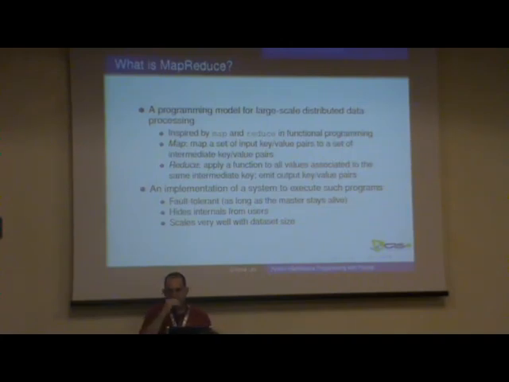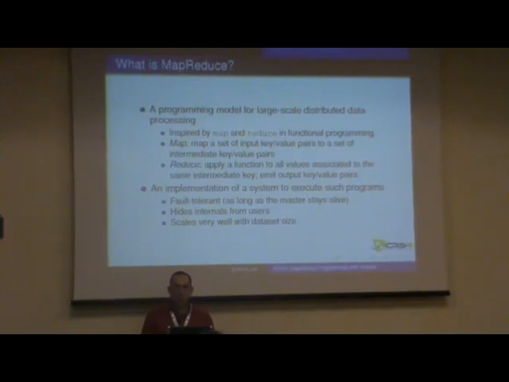The map function receives an input stream of key-value pairs and emits intermediate key-value pairs. Then the reduce function receives a key and all values corresponding to that key, performs a reduce operation on the set of values, and emits the final output key-value pair.